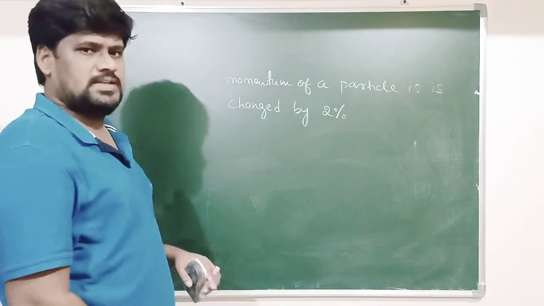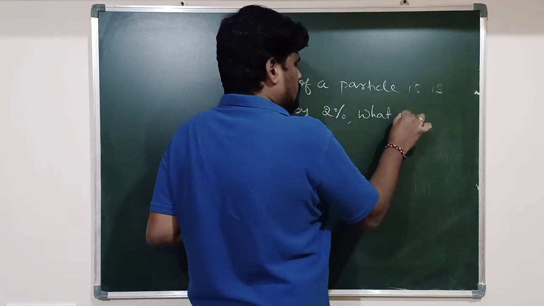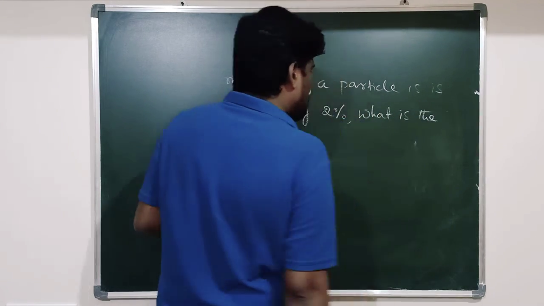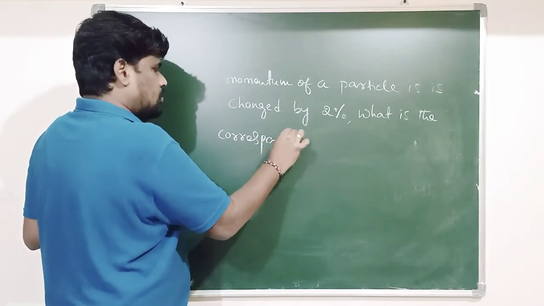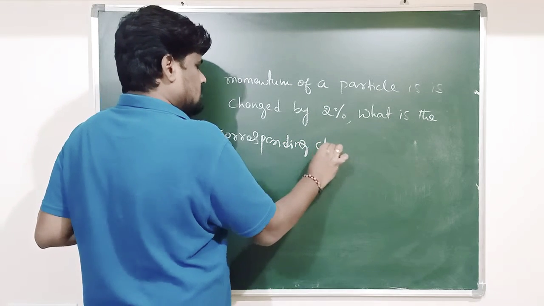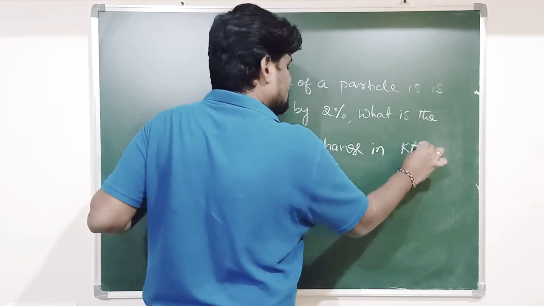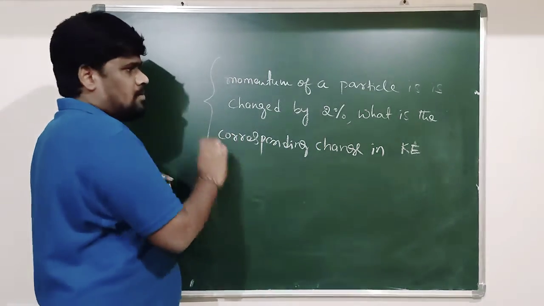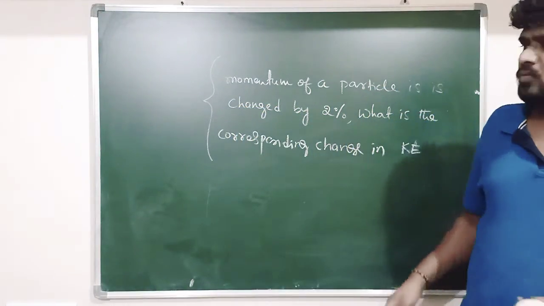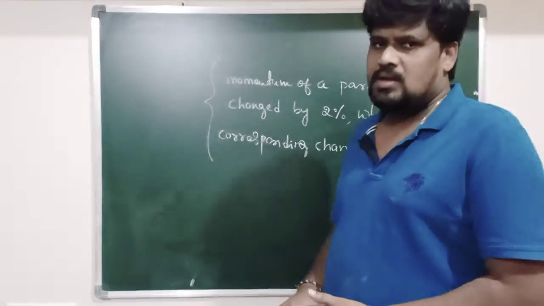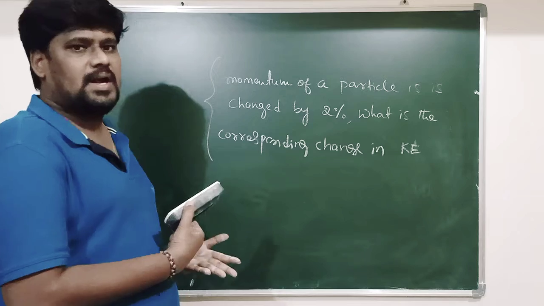Momentum of the particle is changed by 2%. What is the corresponding change in kinetic energy? So this is one example we observe in the lesson work, energy and power, and the same example can be solved with the help of the concept called errors.